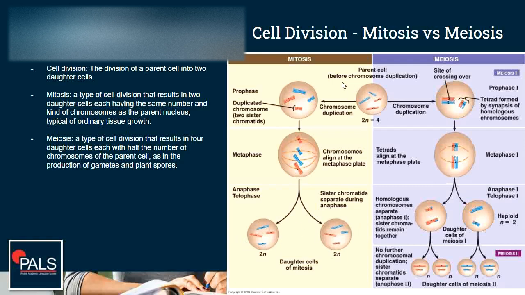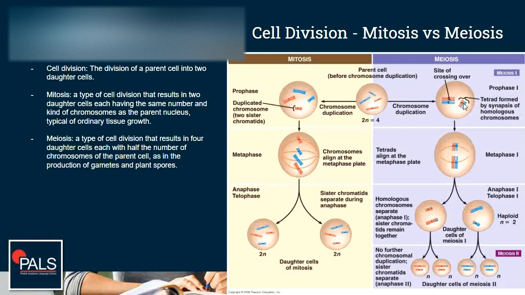Now, meiosis is a bit more complex. During meiosis, again, we need, first of all, the parent cell to duplicate its chromosomes, its DNA. What happens then is that the homologous chromosomes, the chromosome pairs, will form so-called tetrads, where they stick together.